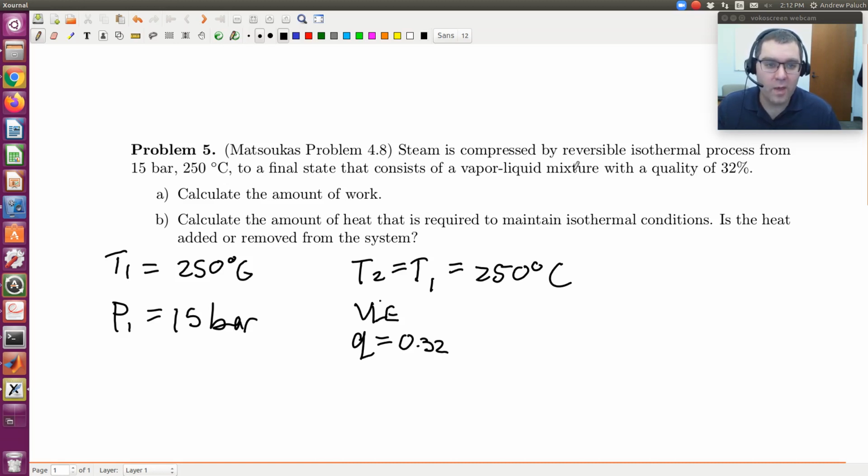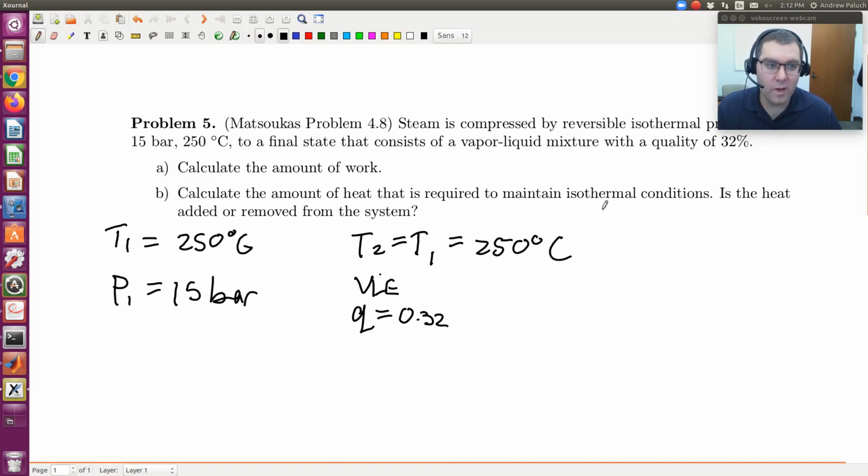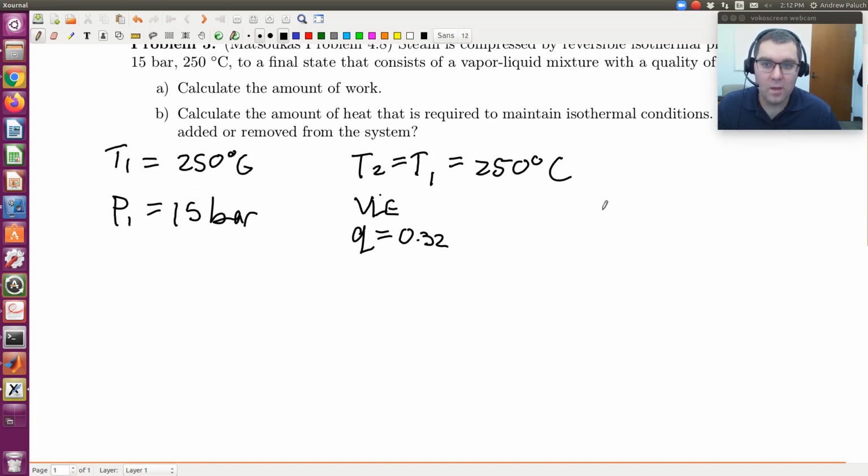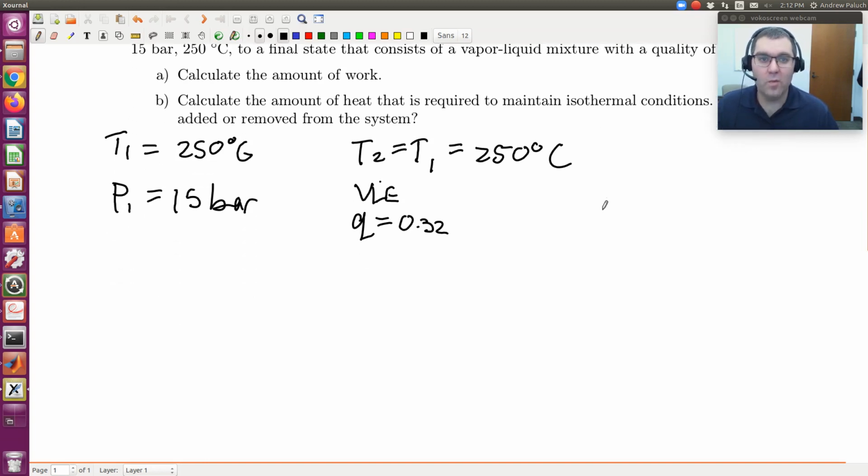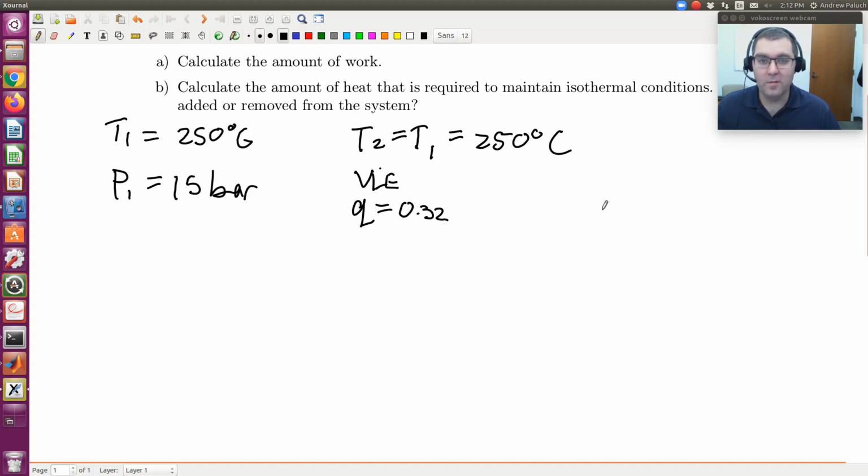Now, we're told that we have a reversible isothermal process. Okay. So based on everything we've done already, I'm already thinking of entropy.